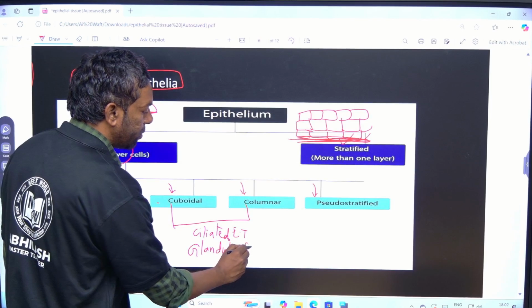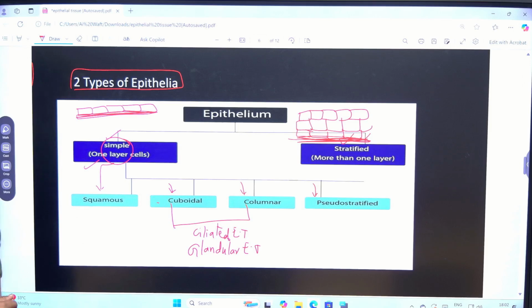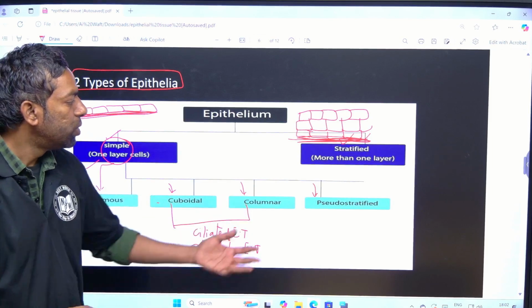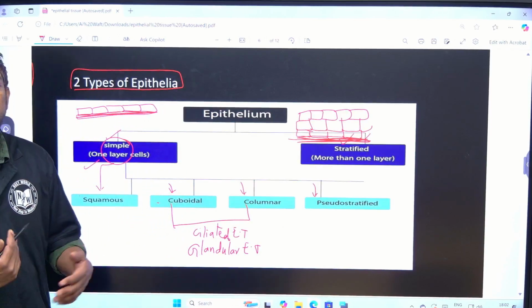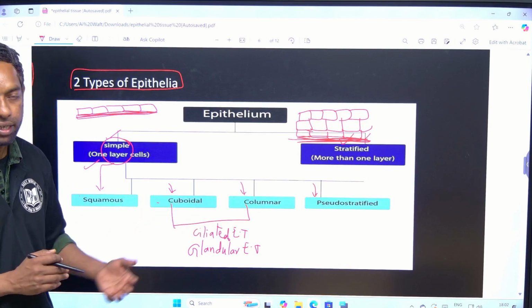In simple epithelium, according to their function and their needs, they change structurally.